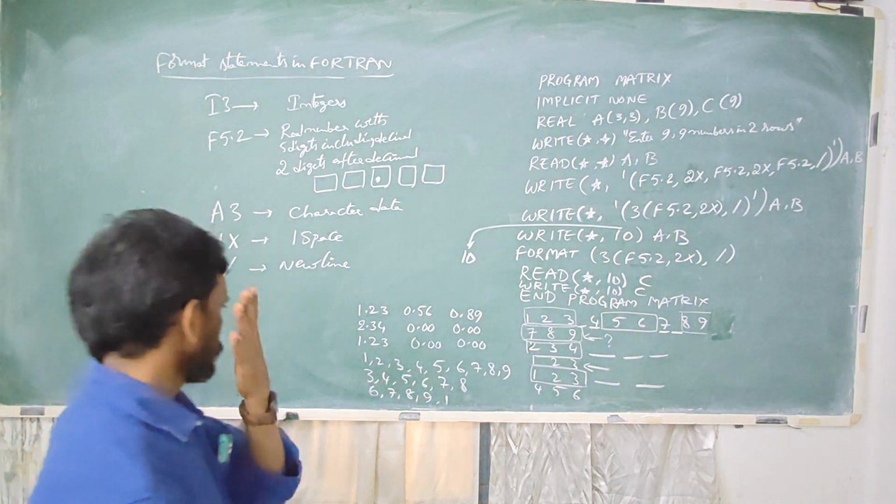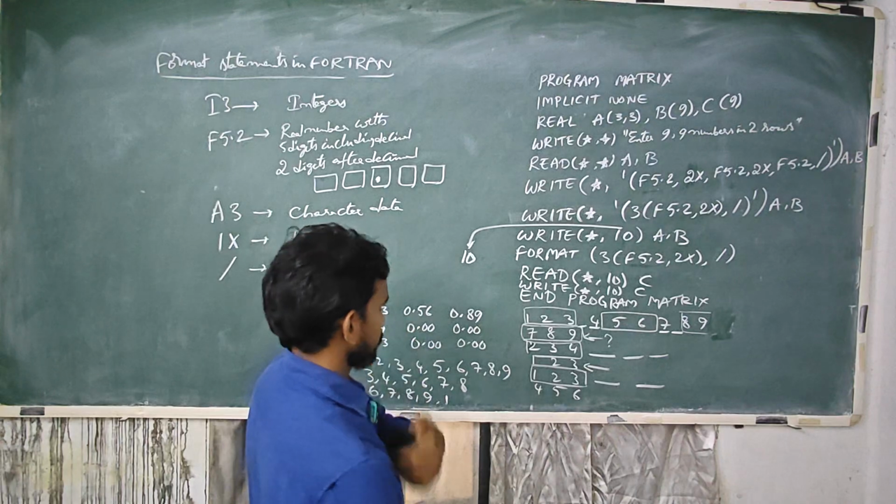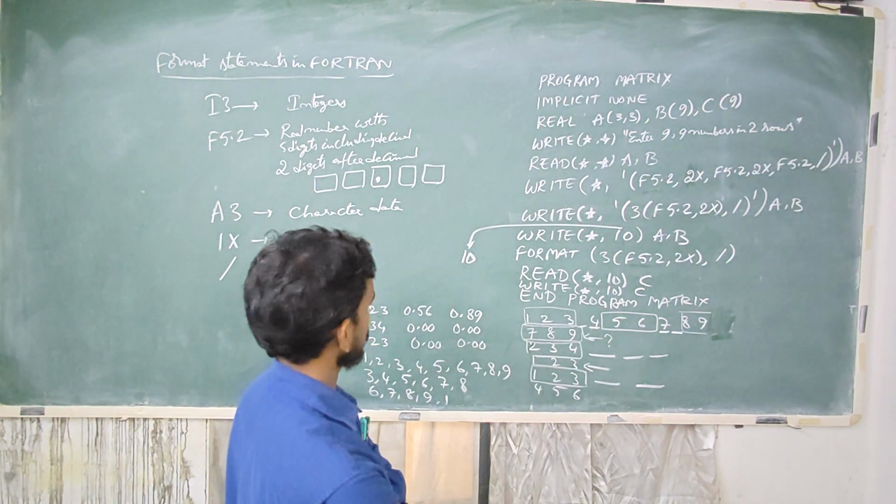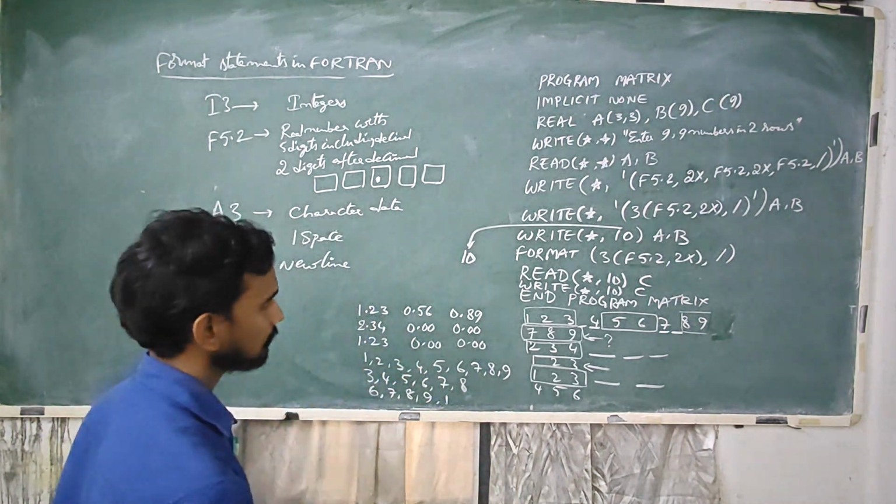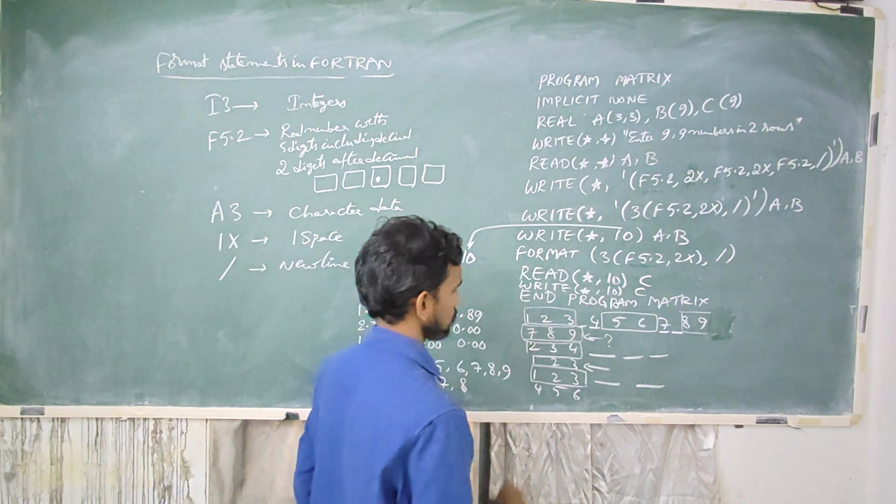So now give the exact input whatever expected. Like if you want to give just 1, what should we do?